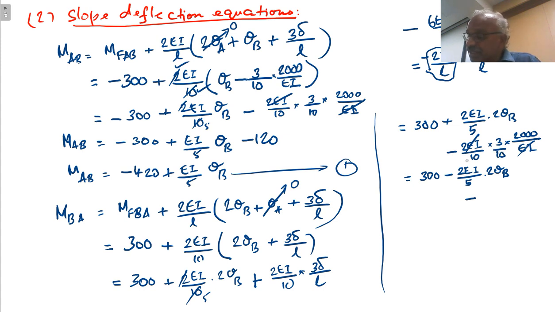So on simplification, 10 into 100, 2000 by 100 equal to 20, 20 into 3 equal to 60, 60 into 2 equal to 120. So this is minus 120.